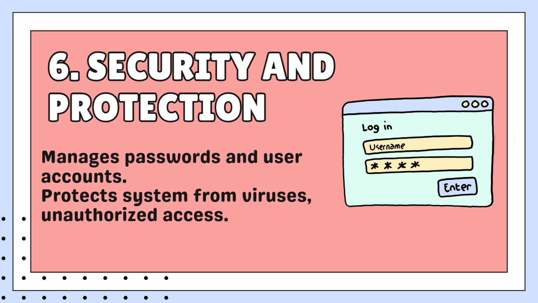If another person uses it, the OS protects against that person, and provides login systems, permissions and antivirus support. For example, you need a password to log in to Windows. See here, we enter a username and password, and this process is for the main user, the owner of the laptop, computer or device, right?